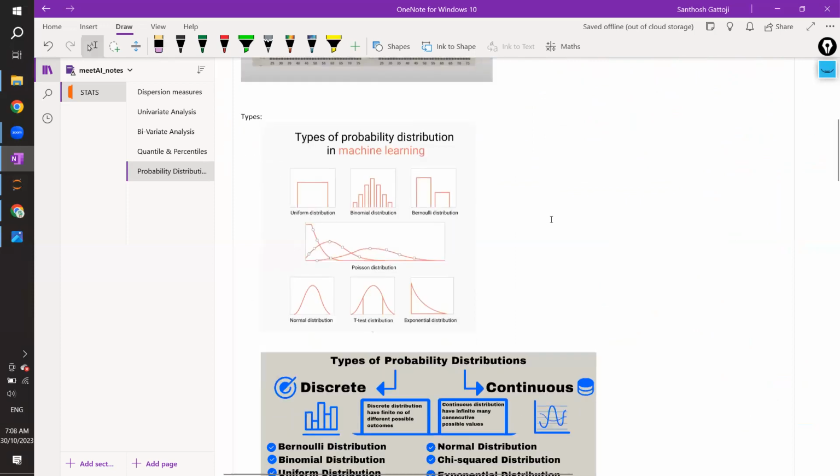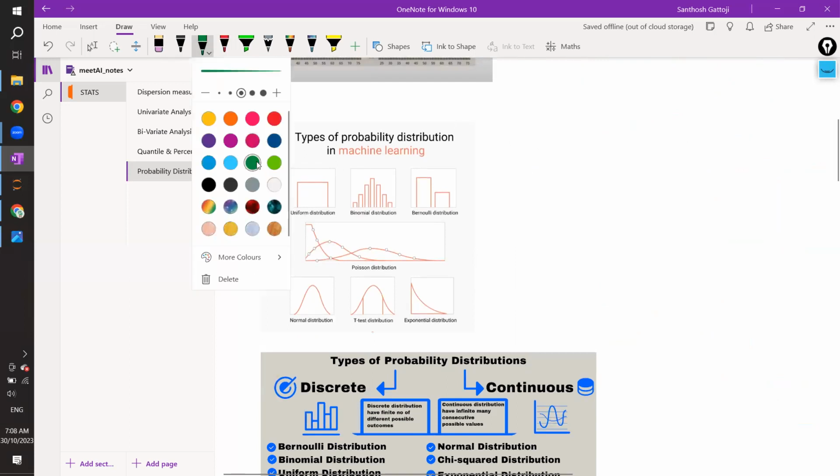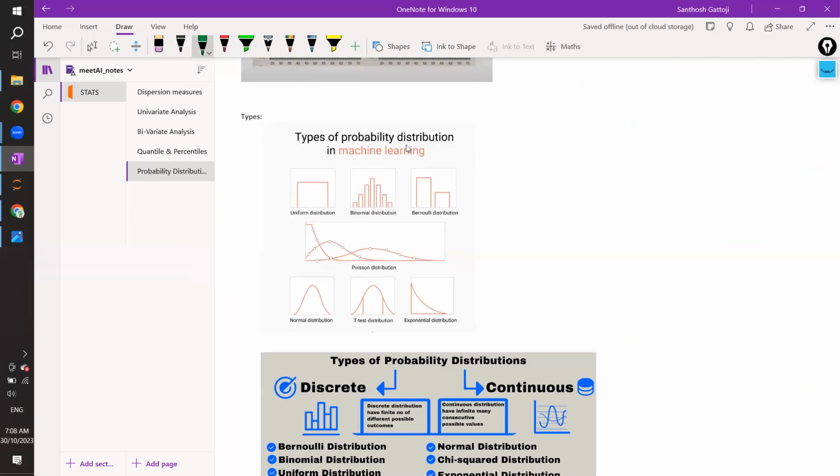Okay, if you see some famous examples, some top types of probability distribution in machine learning: uniform distribution, binomial distribution, Bernoulli distribution, Poisson distribution, normal distribution, a very important distribution, t distribution, exponential distribution, lots of distributions. Apart from this, there are lots and lots of distributions. These are some common famous distributions.